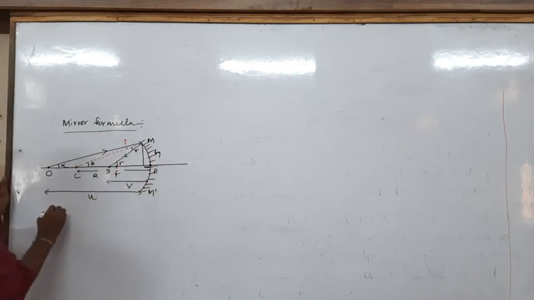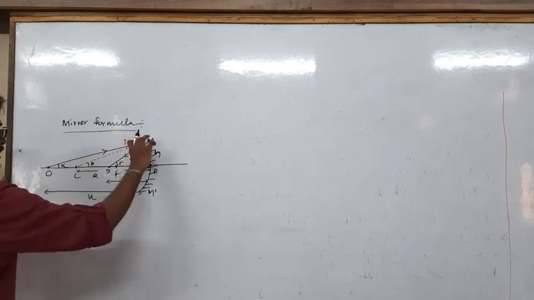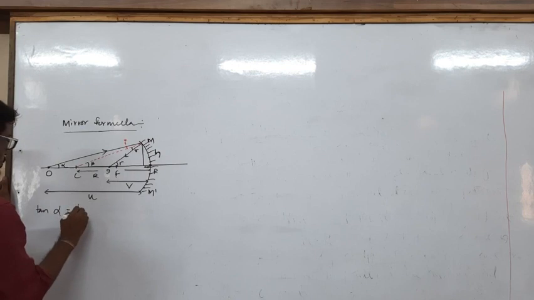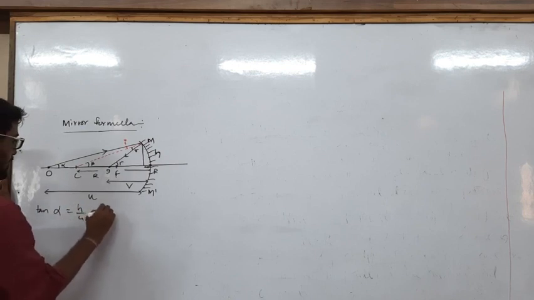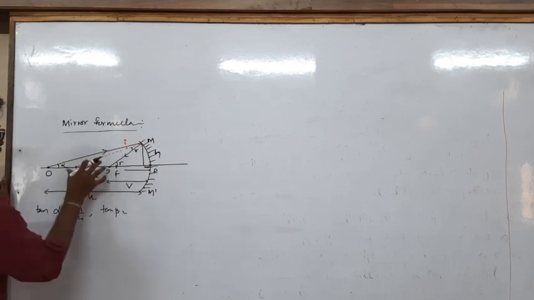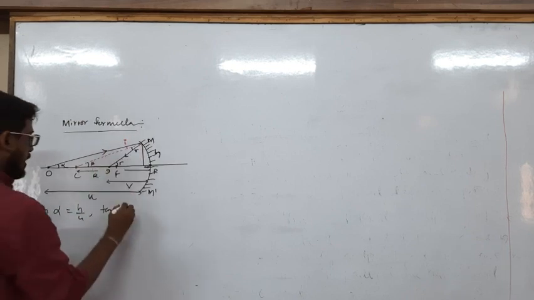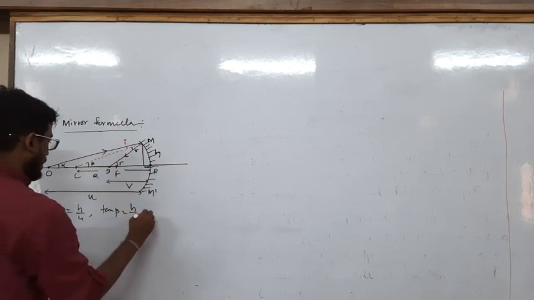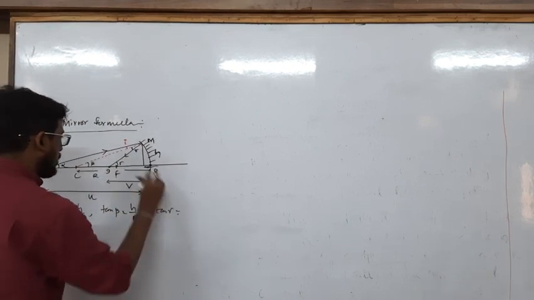So tan alpha equals how much? H by U. Similarly tan beta will be how much? H by R, and tan gamma will be how much? H by V.